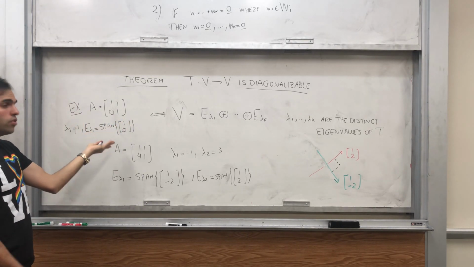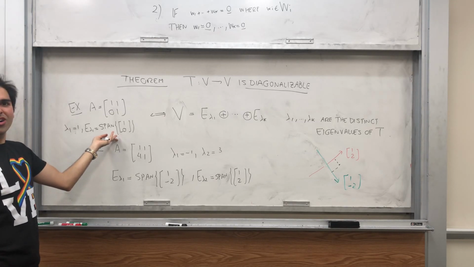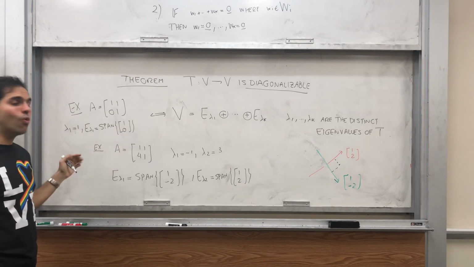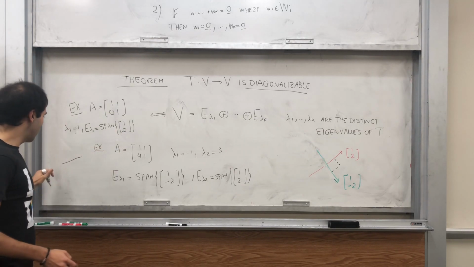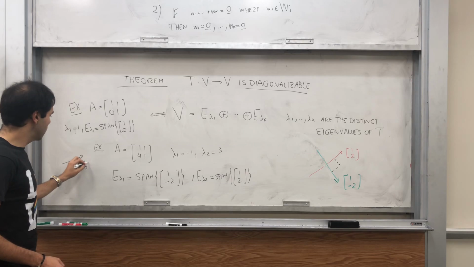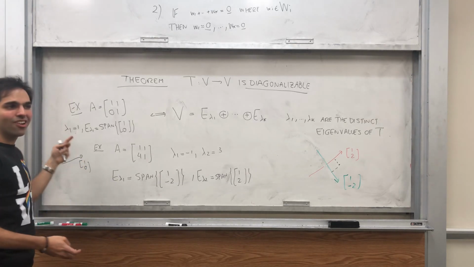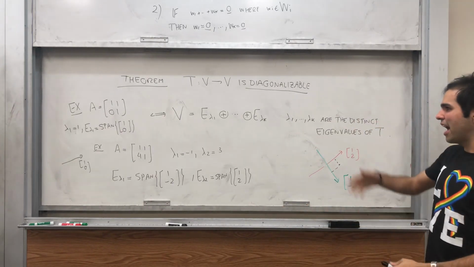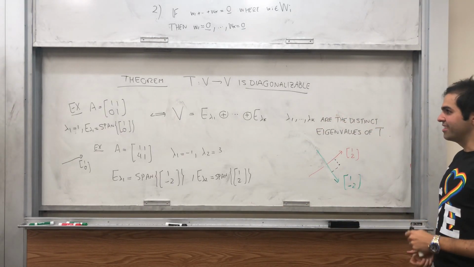Then it turns out you cannot write R2 in terms of the eigenspaces, because here there's just one axis, the x-axis. And the question is, how can you write R2 in terms of the x-axis? So in that case, we say it's not diagonalizable.